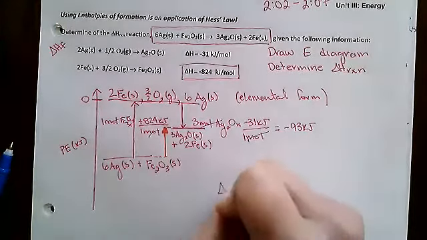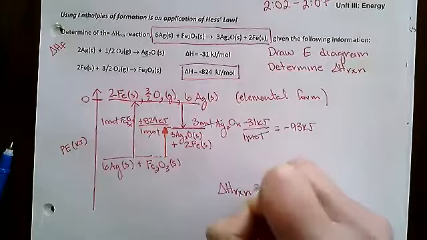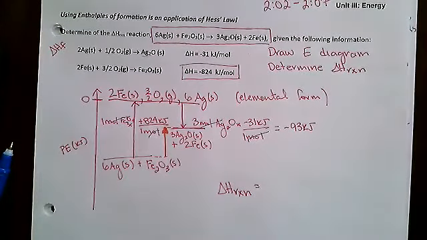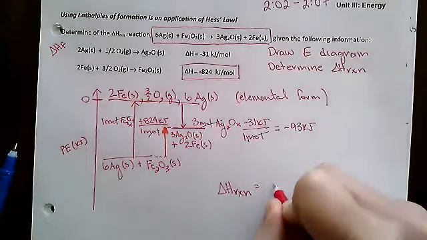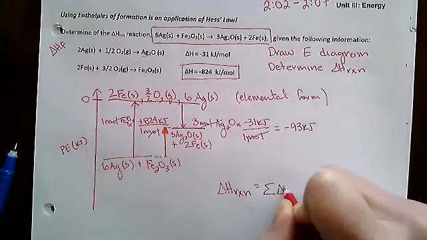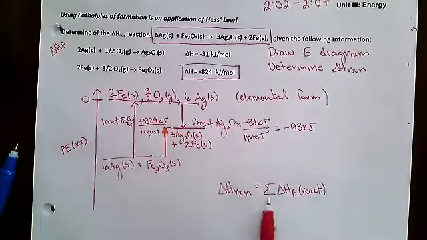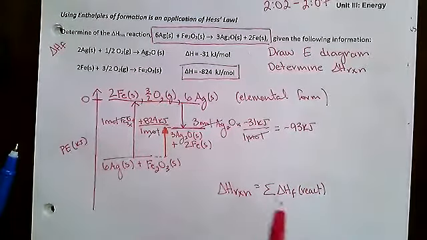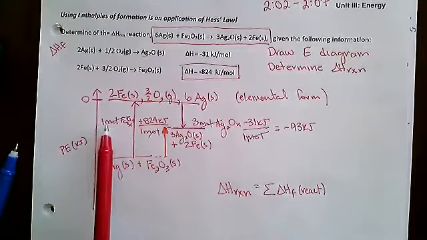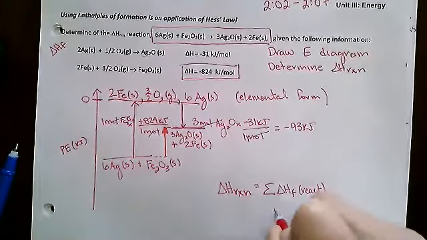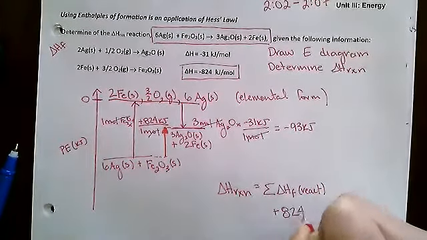How do I find this? The delta H formation reactants plus the products. Yeah. So I got to sum together, like I already did, the delta H of formation accounting for their moles. So that was plus 824 kilojoules.